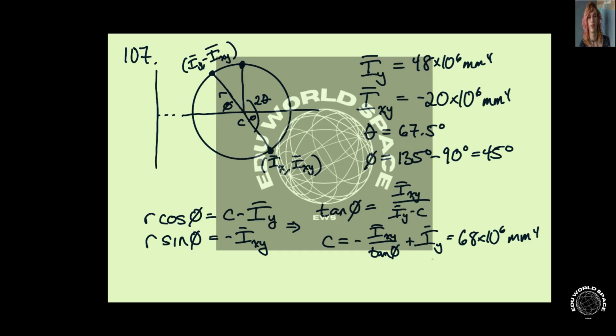And then if we know c, we can get r, because now we know everything in this equation, or this one here even. So we can get r, and r is 28.3 times 10 to the 6th millimeters to the 4th. Okay. So 2 equations, 2 unknowns. We can solve for c and r because we know everything else.